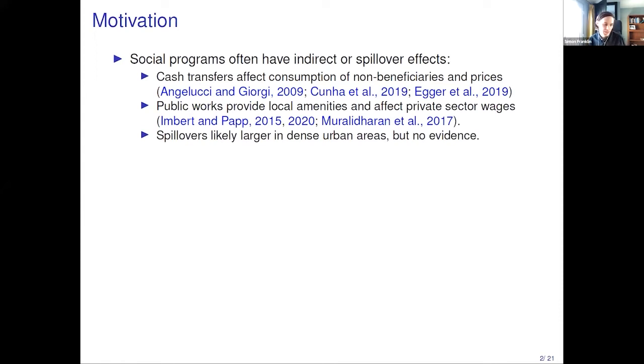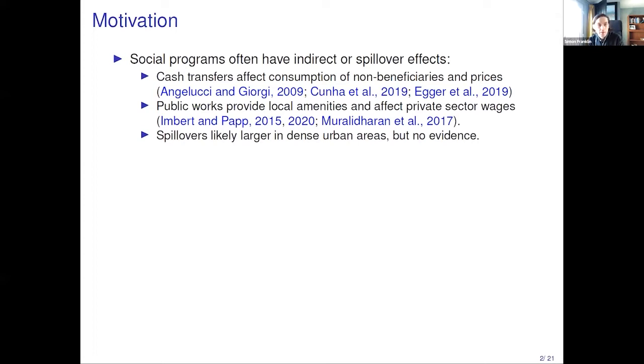Today we're going to be studying public works programs, and those have been shown in existing literature already to have effects both on local amenities through the public works that are actually done by participants in the program, and then also effects on private sector wages, because these programs withdraw people from the private sector labor market in order to do the public works in the first place.